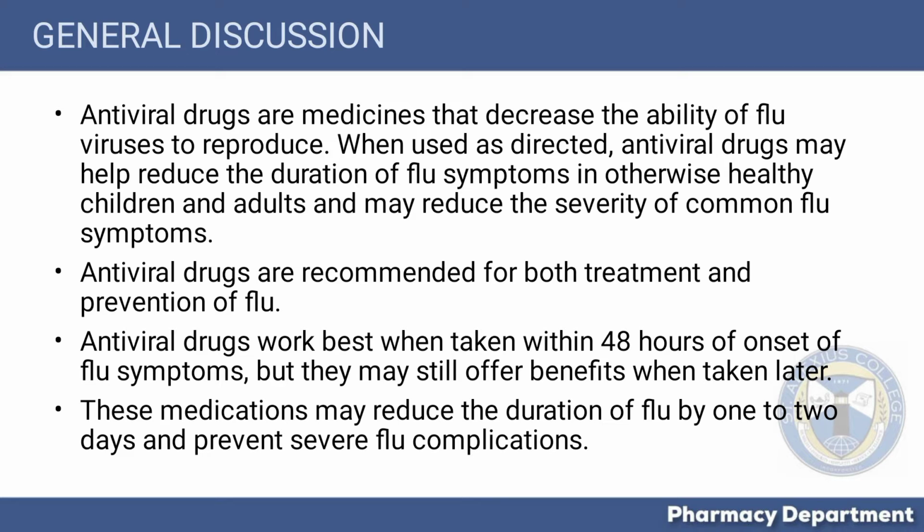Antiviral drugs are both recommended for treatment and prevention of flu. These drugs work best when taken within 48 hours of onset of flu symptoms, but they may still offer benefits when taken later. These medications may reduce the duration of flu by 1 to 2 days and prevent severe flu complications.